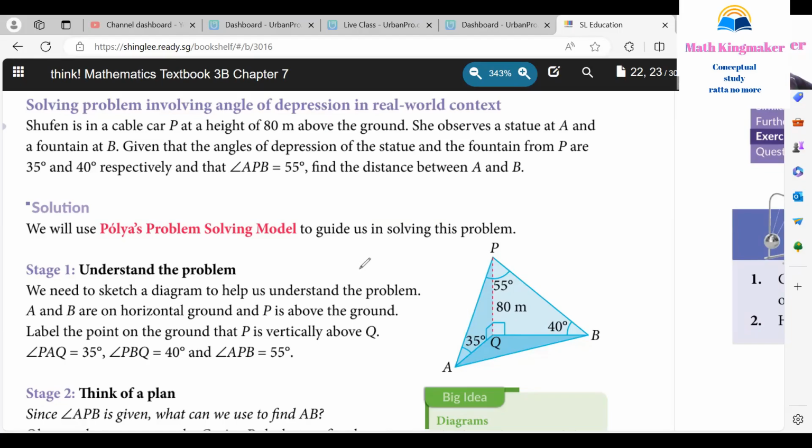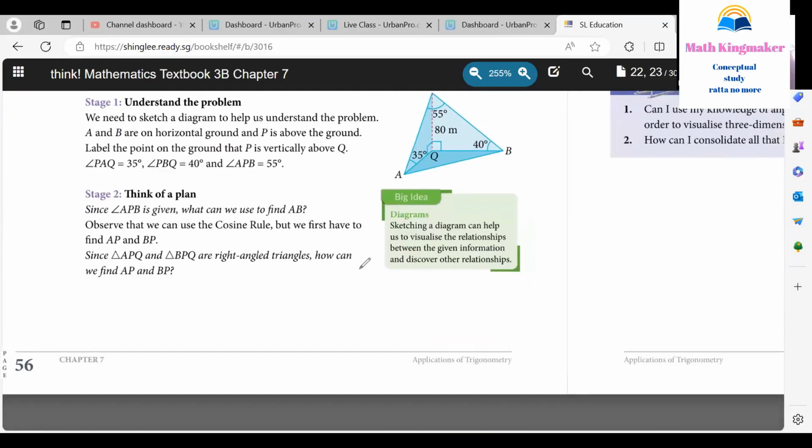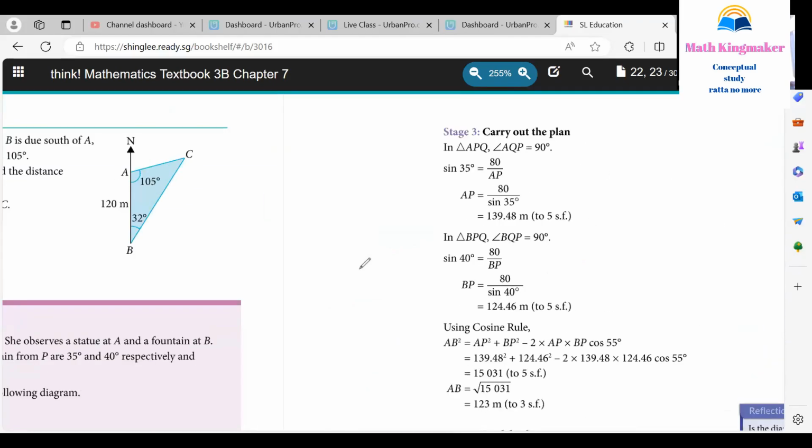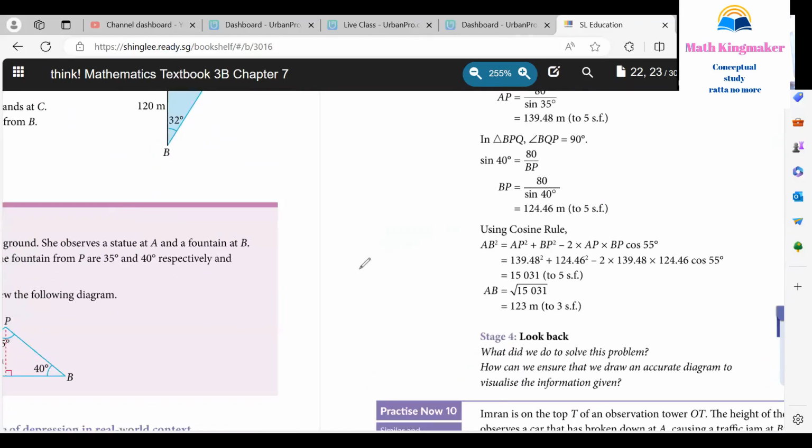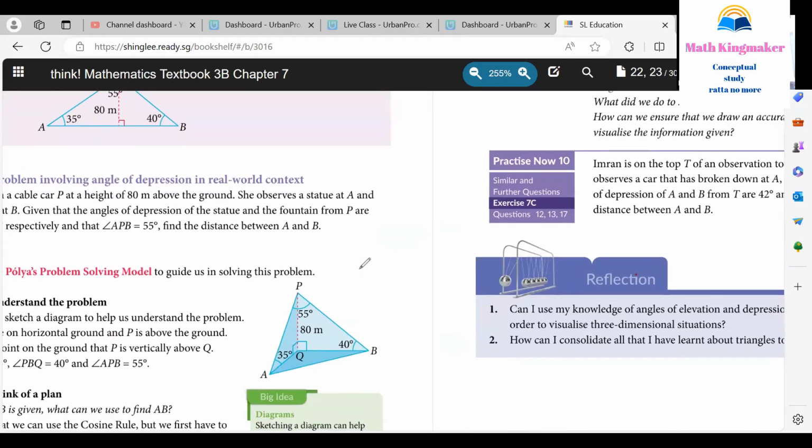So it's a real life scenario. You calculate the two sides of the triangle, AP and PB.